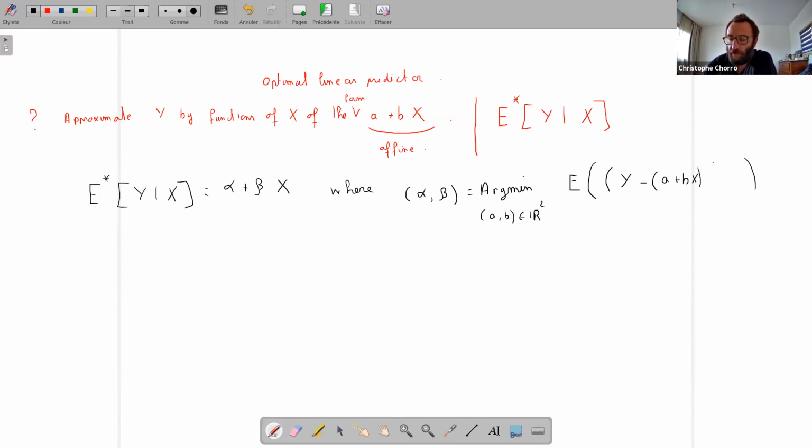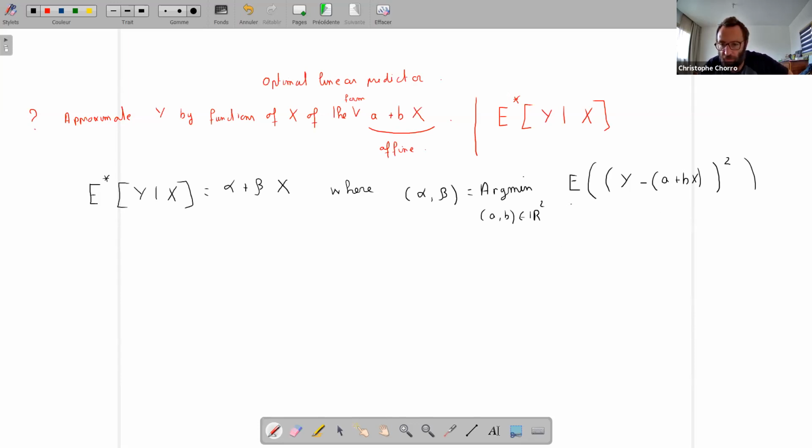If I have constants here, it's what I have done for the expectation. If I have a function of x, it's what I have done for the conditional expectation. And here I just take an affine function of capital X.